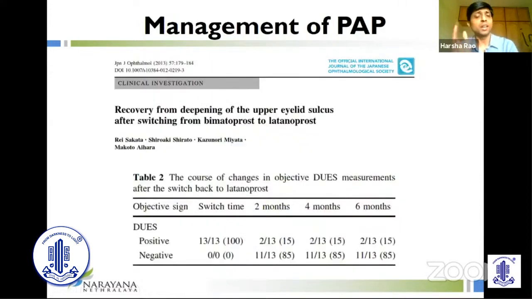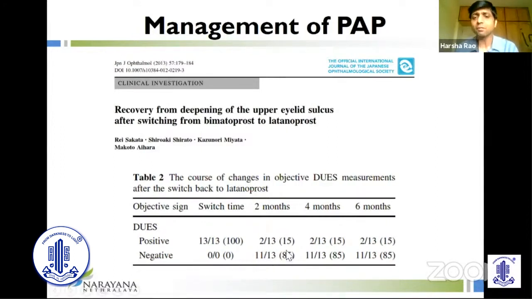So another study quantitatively showed the effect of shifting from bimatoprost to latanoprost on the symptoms of PAP, and what it showed was close to 85% of the patients who were shifted from bimatoprost to latanoprost who earlier had signs of PAP showed improvement.